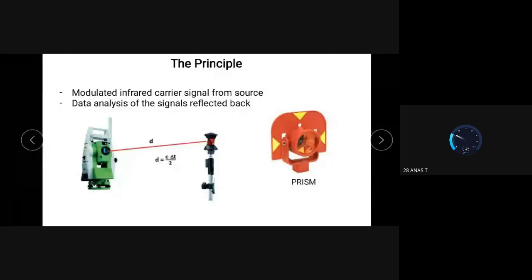So we will be placing this prism at the point A. The prism has a pole like this. So we will be placing this prism pole at the station A, and we'll be viewing from the instrument station O, and we'll be sending these infrared rays, and we'll get the distance OA. So hope you understand.